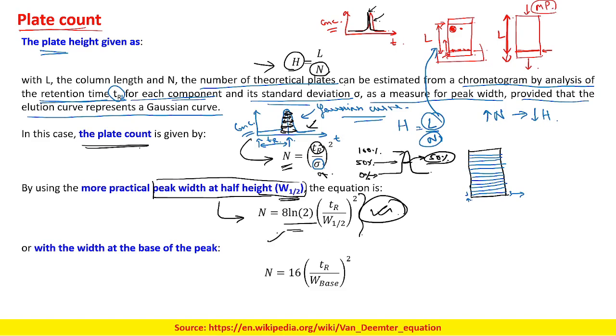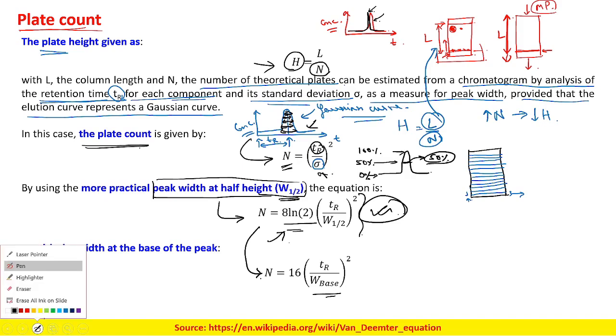Again, you can see there are a lot of calculations over here. This equation can further be simplified to this equation where n is equal to 16 (Tr divided by W base) whole square. So what is the W base? The width when you are having the baseline over here, this is the baseline of the chromatograph.